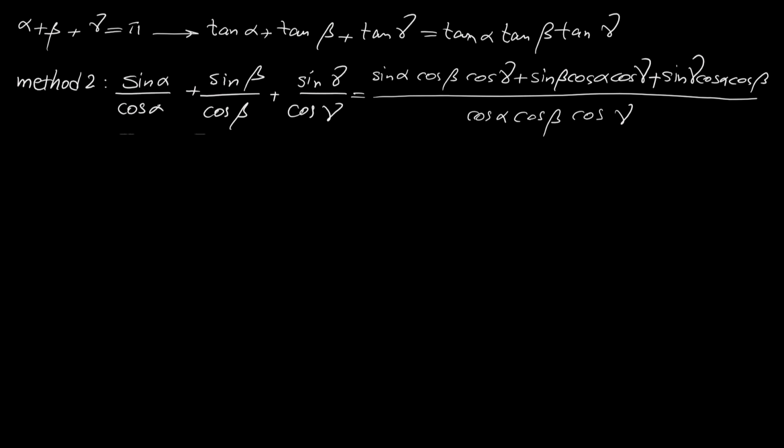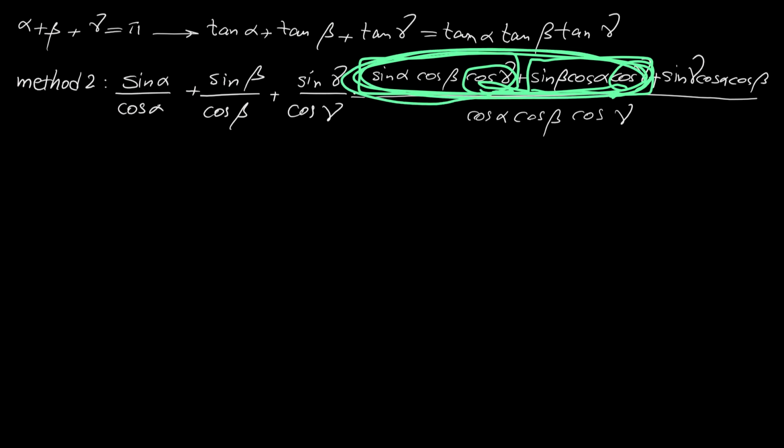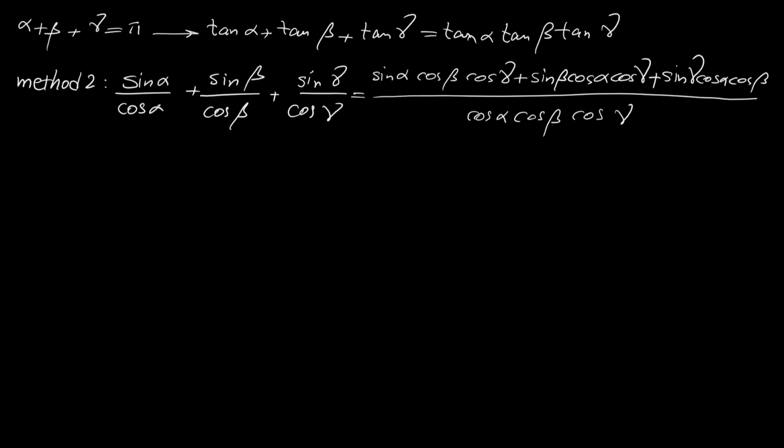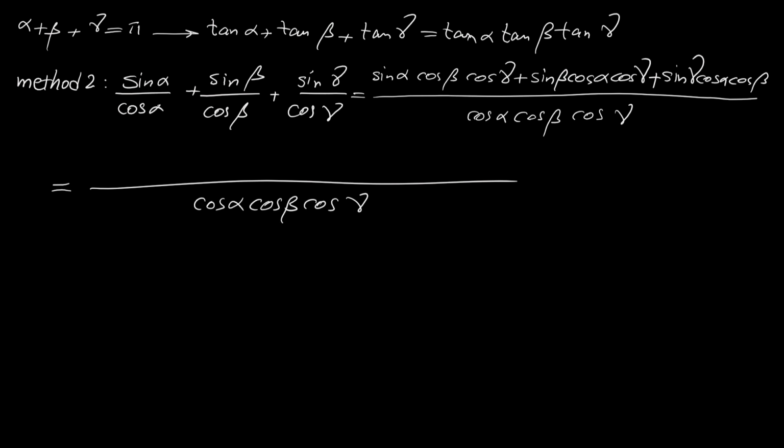Now here, if you pay attention, between this term and this term, cosine gamma is a common factor. From only these two terms, we factor cosine of gamma. Let's see what happens if we do this. So here, we again write the denominator, cosine alpha, cosine beta, cosine gamma, and from the first two terms we factor cosine of gamma.